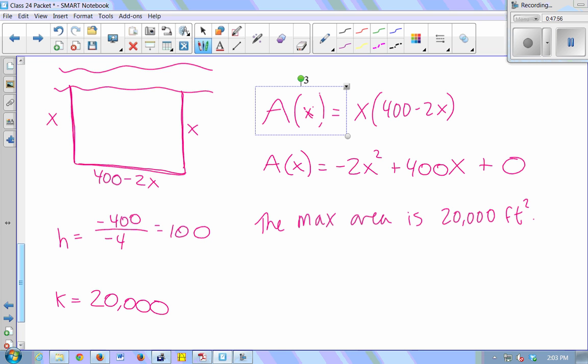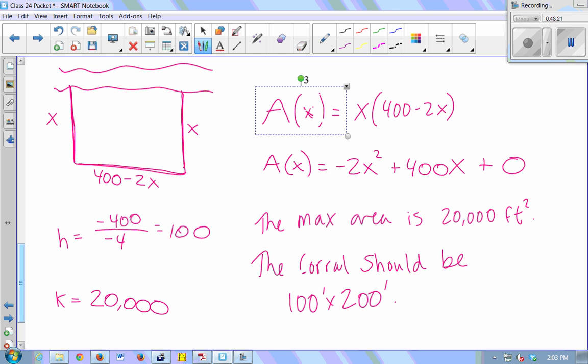So the corral should be 100 by 200 feet to get maximum area. You get 20,000, exactly, yep.